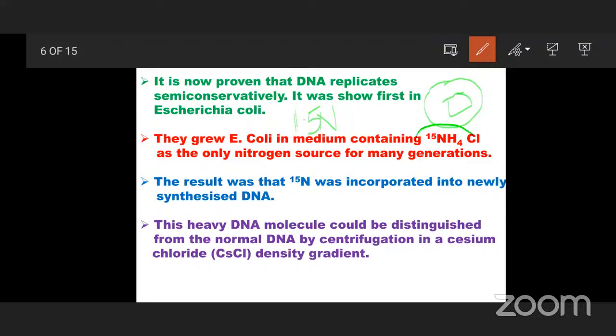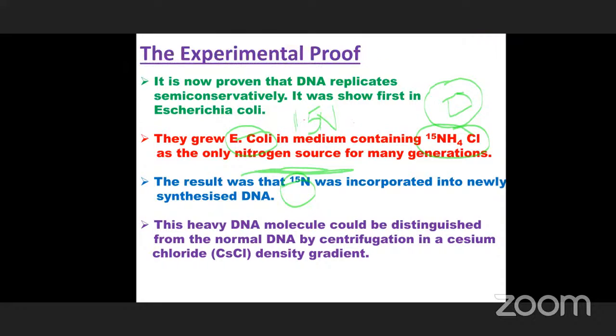The ammonium chloride with N15 isotope is the only nitrogen source for the growth of E. coli. The result was that the N15 isotope was incorporated into the newly synthesized DNA molecule.